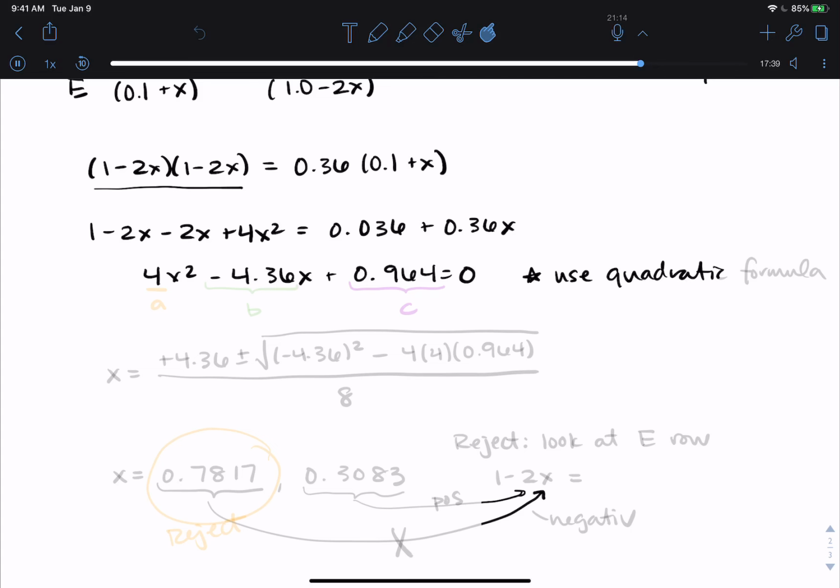So for this one, I will go ahead and substitute these numbers in to make sure you feel like you're on the right page when it comes to substituting these values, right?